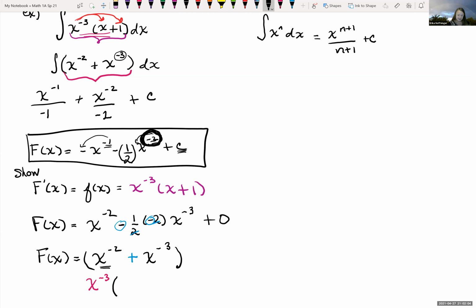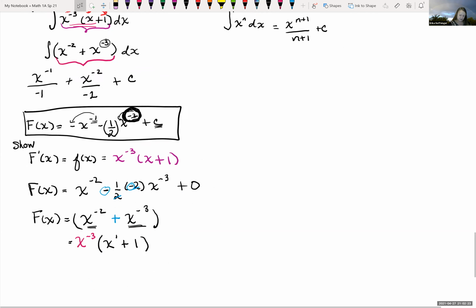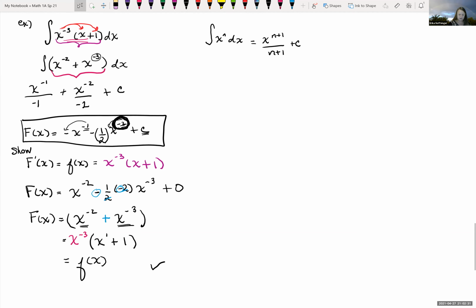We would add exponents to get back a -2 power. Well, that would have to be a +1 power, x to the first. When we pulled out an x to the -3 from this, so this is +1. Which is the same thing as little f of x.